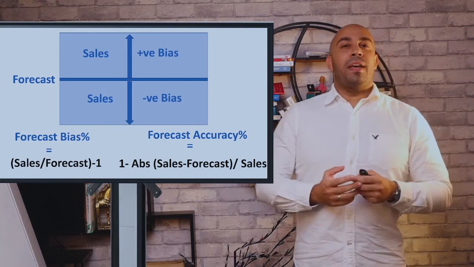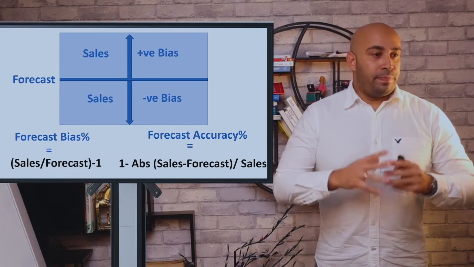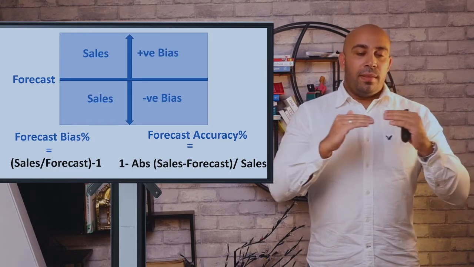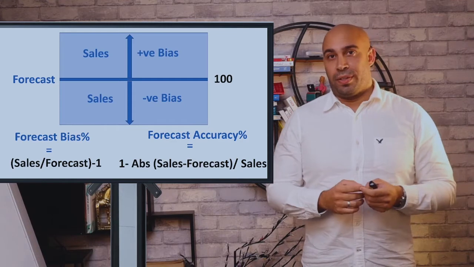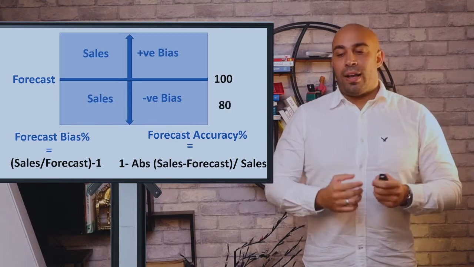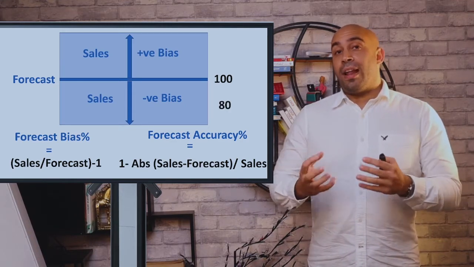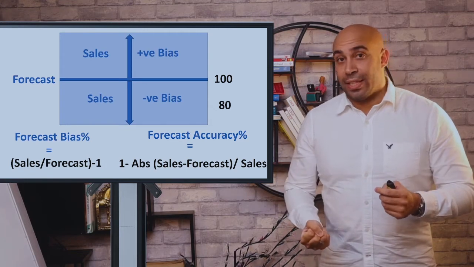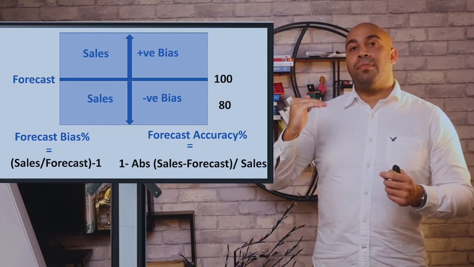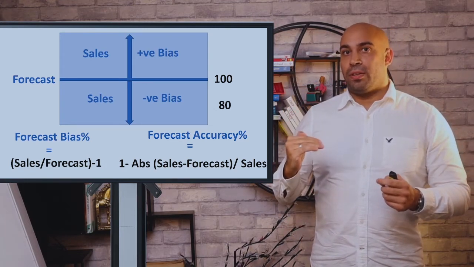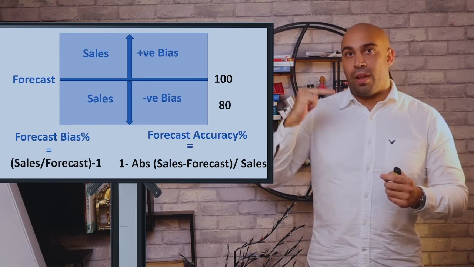What do we mean here by the absolute error? Imagine I have a forecast of 100. If I sold 80, then I have an error of 20 because I'm negatively biased by 20%, down from my forecast.